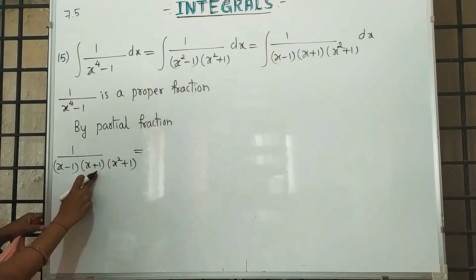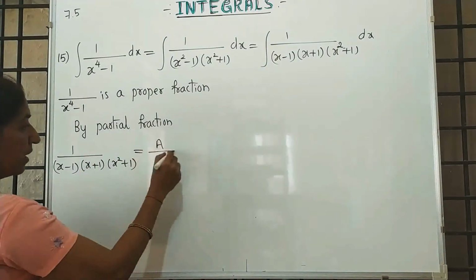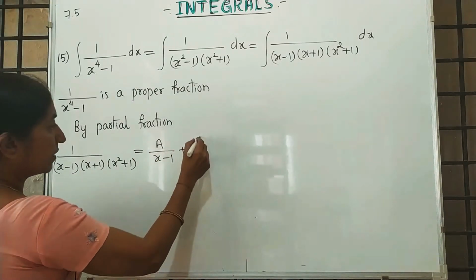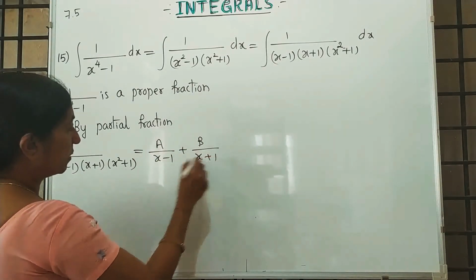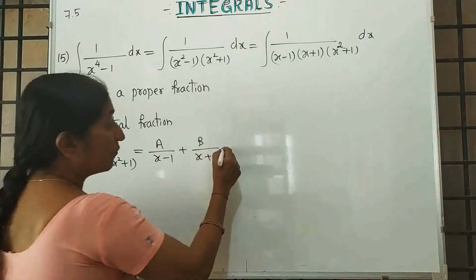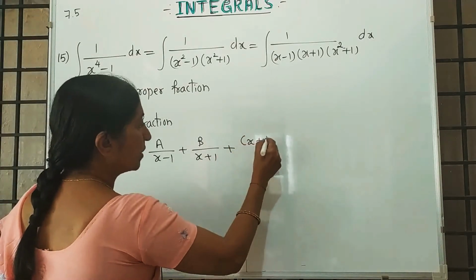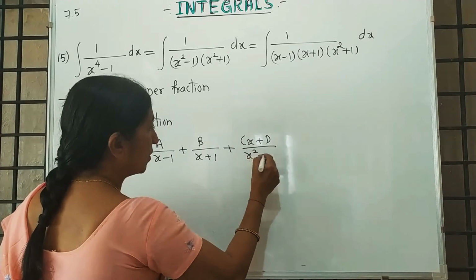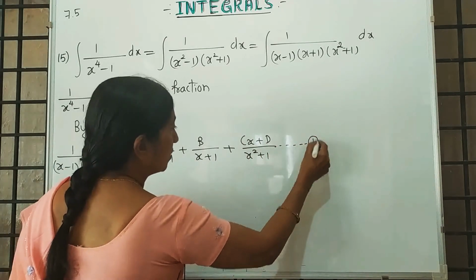The first two are linear factors. So it is a upon x minus 1 plus b upon x plus 1. The third one is a quadratic. Further splitting is not possible. So cx plus d upon x square plus 1. This is equation 1.